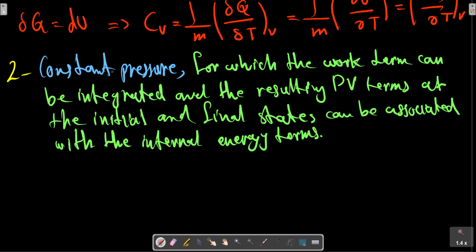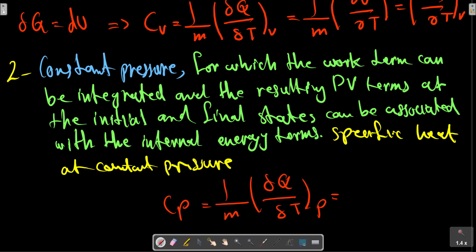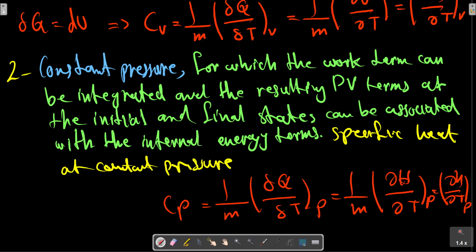The corresponding specific heat at constant pressure, Cp, is dH/dT at P constant, and ∂H/∂T at P constant.